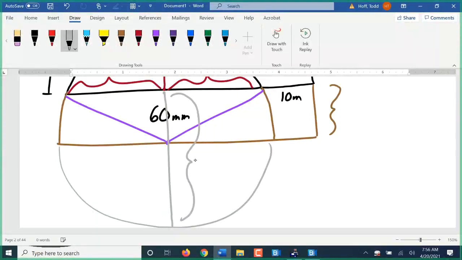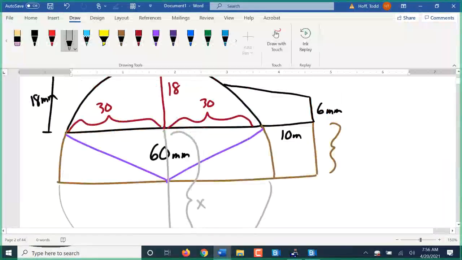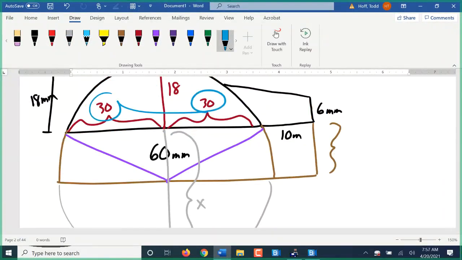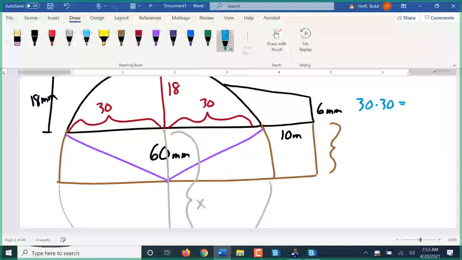If I call that x, do you recall how do we find x? We've got 30 times 30 equals 18 times x.